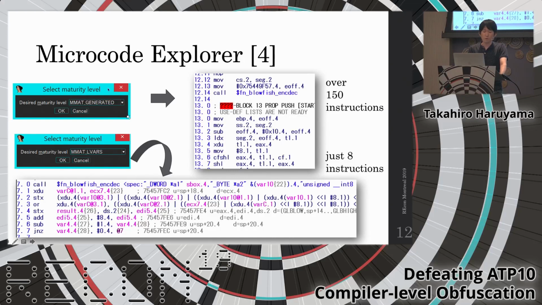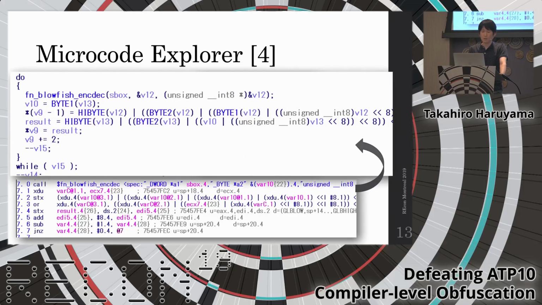For example, at a low maturity level, it makes over 100 instructions, and the code looks like assembly language. On the other hand, at a high maturity level, it makes just 8 instructions, and the code is similar to the source language.